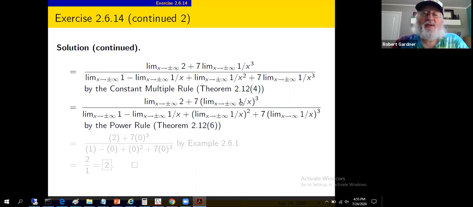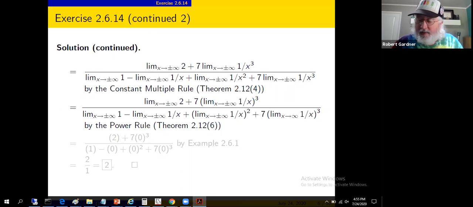Do you know what the limit as x approaches positive infinity of 1 over x is? Yeah, we proved it's 0. Do you know what the limit as x approaches negative infinity of 1 over x is? Well, we claimed it was 0 and that the proof is similar to the proof when x approaches positive infinity.